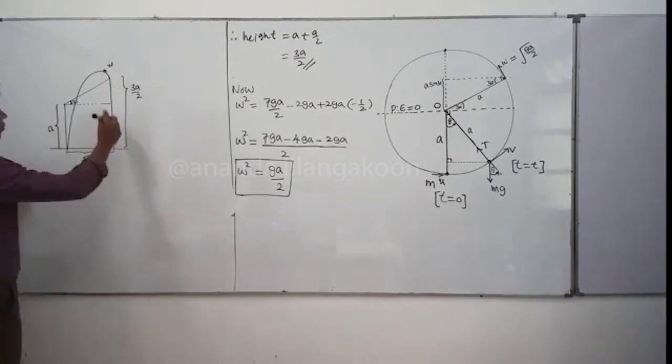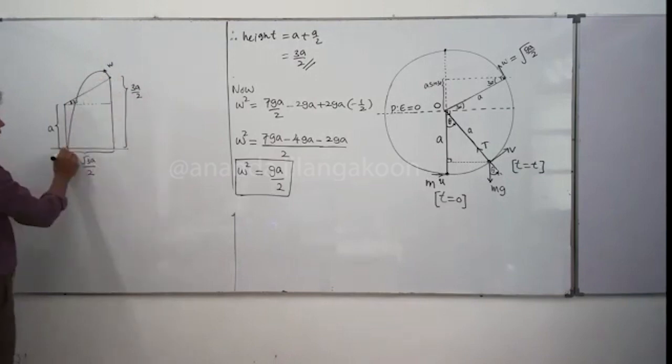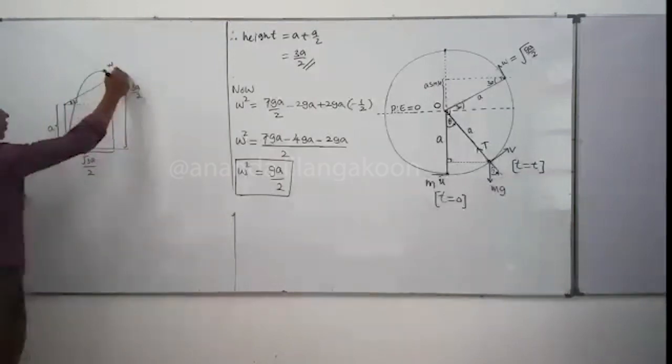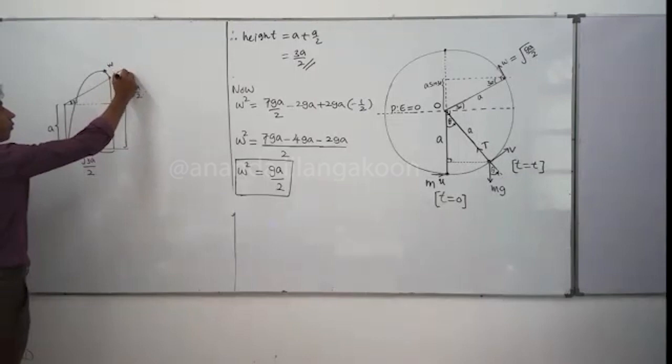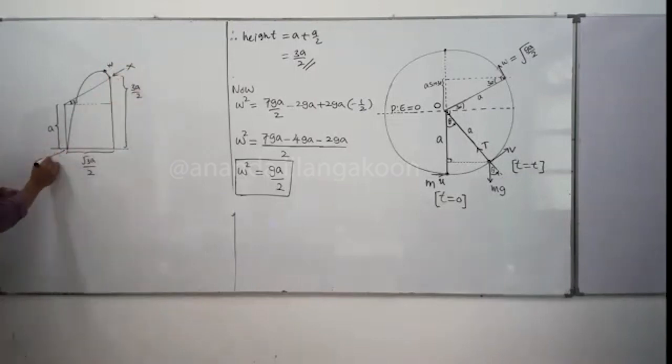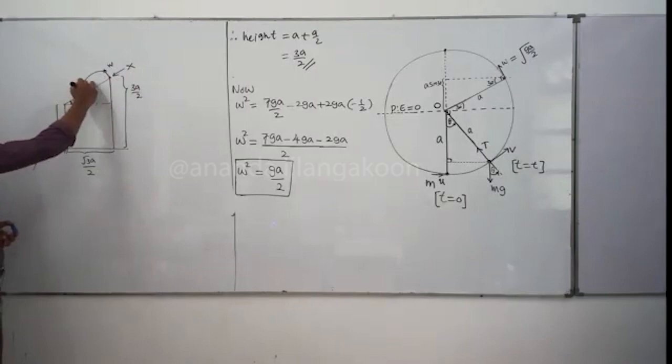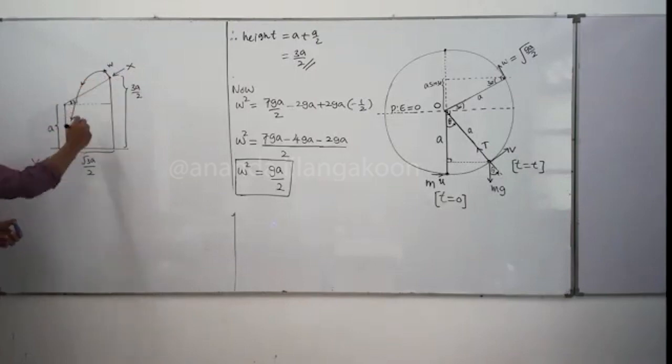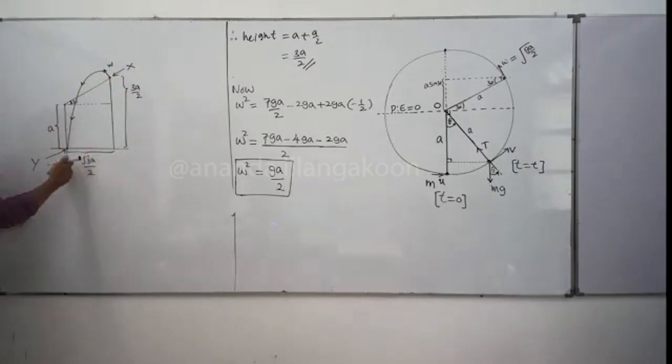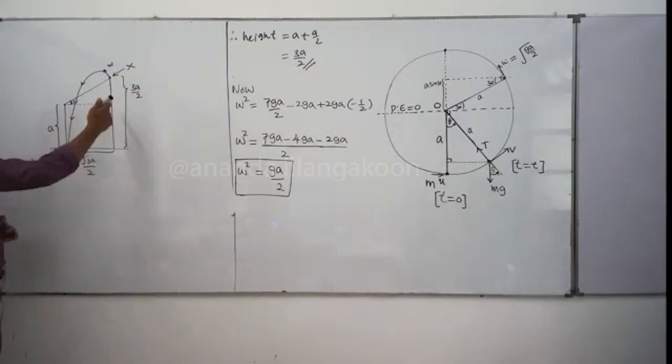When we consider motion from here to here, I take it as point X and this as point Y. When the particle moves under gravity as a projectile motion, it moves from here to here. Then its horizontal displacement is root 3A by 2. Vertical displacement is 3A by 2.